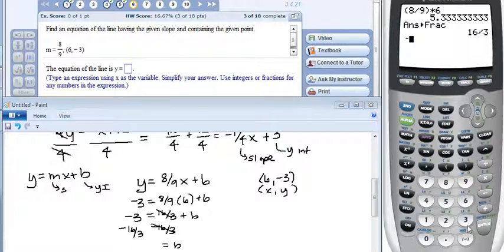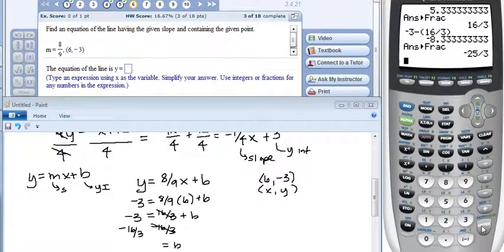And I'm going to take negative 3 minus 16/3. Get my decimal version and turn it over to a fraction, negative 25/3. Okay?